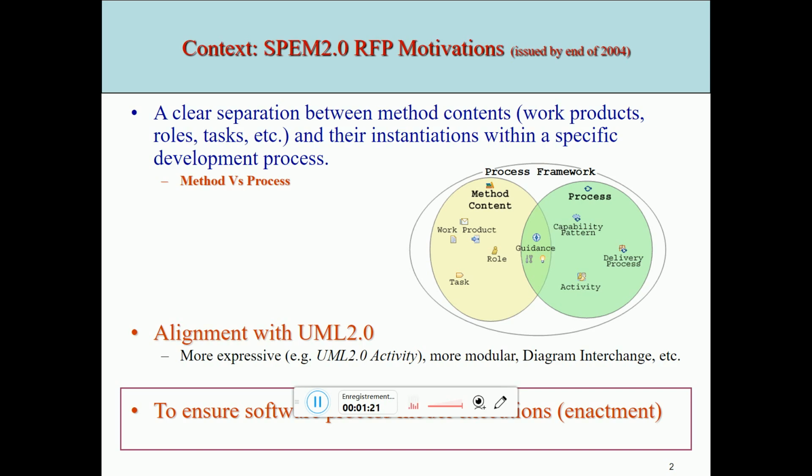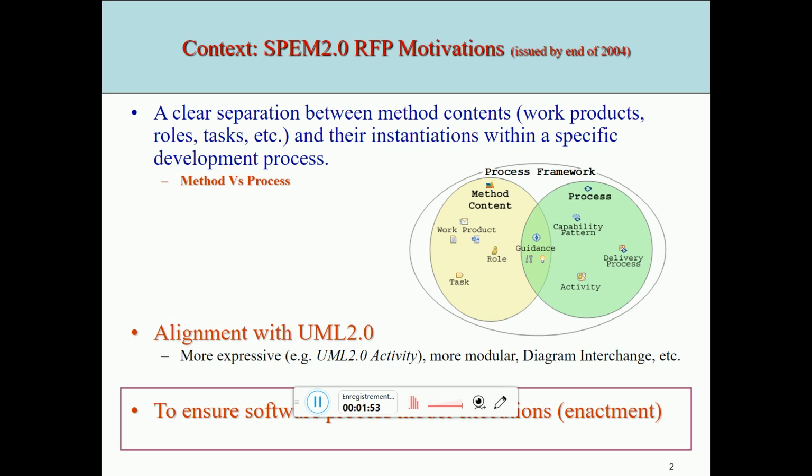give a clear separation between what we call method content, which is, for instance, work products, roles, tasks, everything which could be related to a method, and the instantiations of these elements in a very specific development process. So this is quite a nice idea. Also one of the main mandatory requirements of this RFP was the alignment of SPEM2 with the newly defined UML2.